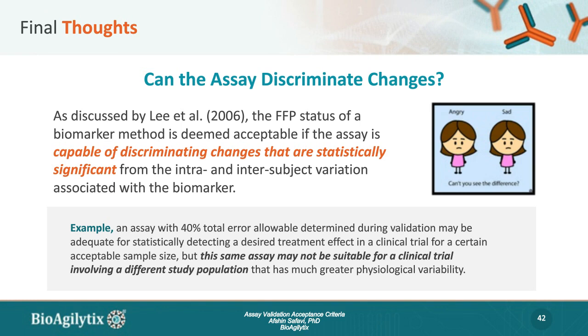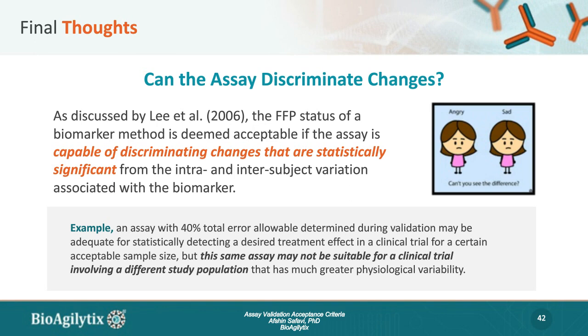Now, of course, you don't want to come up with some crazy total error, but at the end of it, if that's what the assay is capable of doing, and that's the only assay you have, it's going to work for you. On the same token, if you have an assay that you're patting yourself on the back for, with only 20% total error, and the pre versus post dose change in your biomarker is only 5%, good luck. You will never ever be able to get meaningful data.